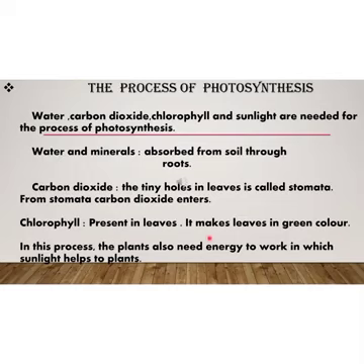So yes, it is also important. Now in this process, the plant also needs energy to work, in which sunlight helps the plant. To do all this work of water and minerals, it also needs energy, which it gets from the sunlight.